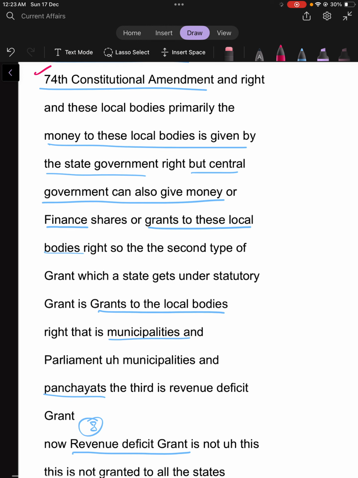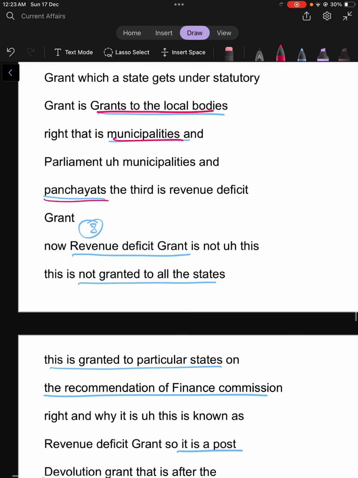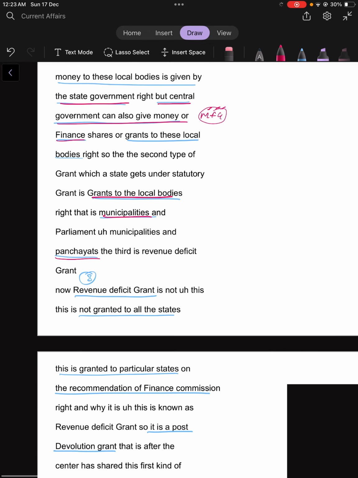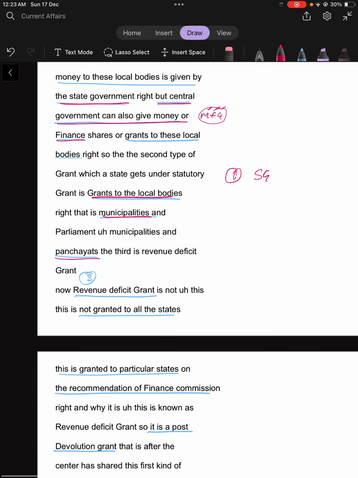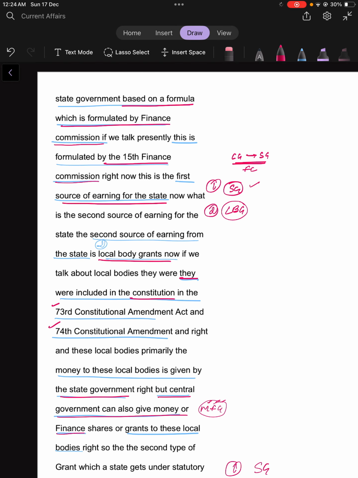Money to these bodies is given by the state government, but the central government can also give money, finances and grants to the local bodies, for example municipalities and panchayats.